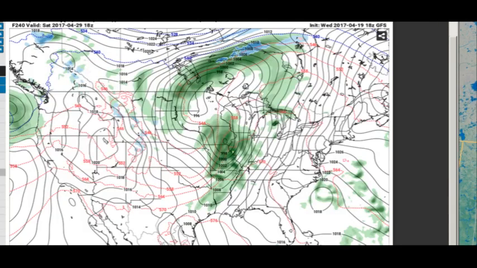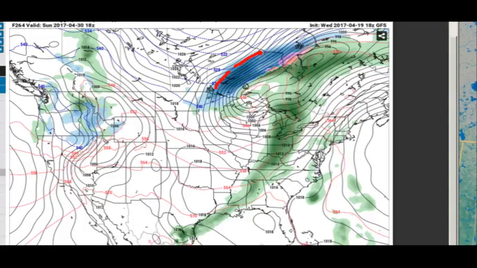And then for the 29th, on Saturday, it looks like the Gulf is open in the Mississippi River Valley, and probably a lot of widespread storms in that area right there along the cold front.